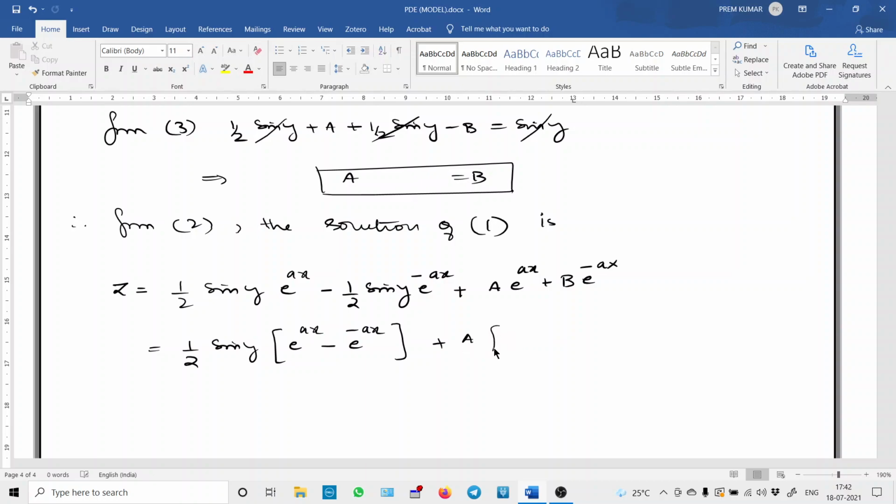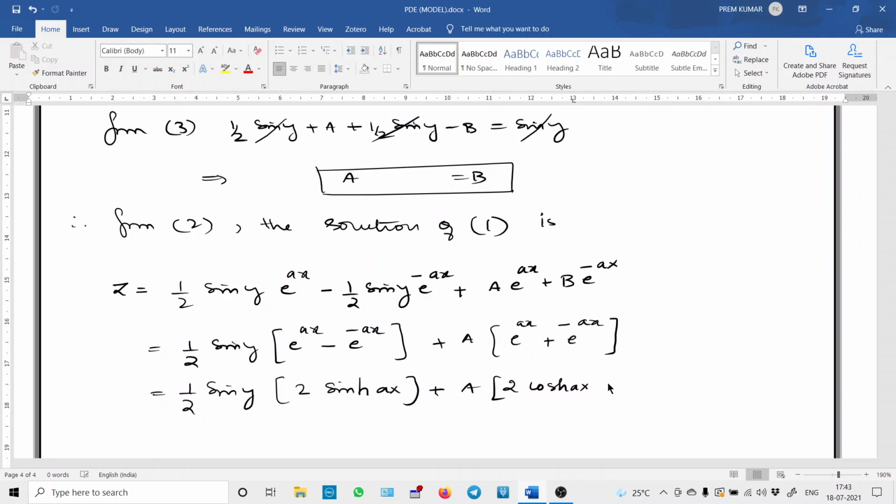So we get a into e power of ax plus e power of minus ax. So finally it's nothing but 1 by 2 sin y, and this is nothing but 2 sinh ax, plus a into 2 cosh ax.